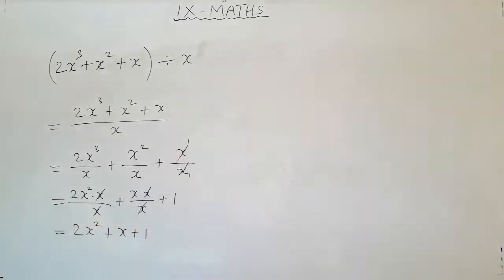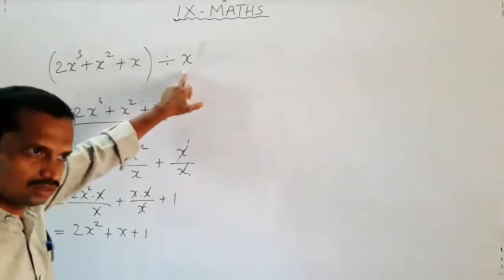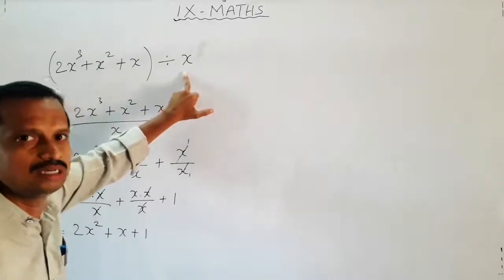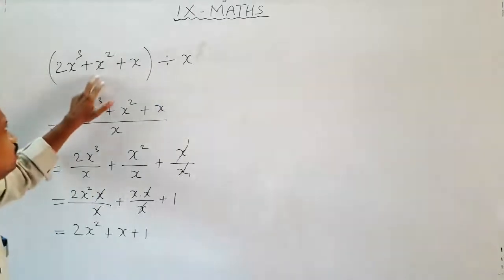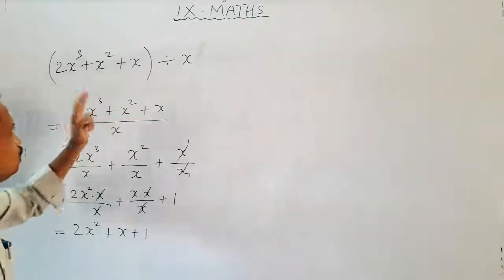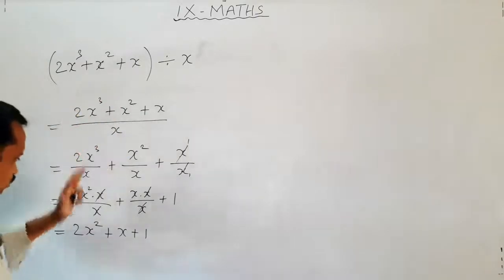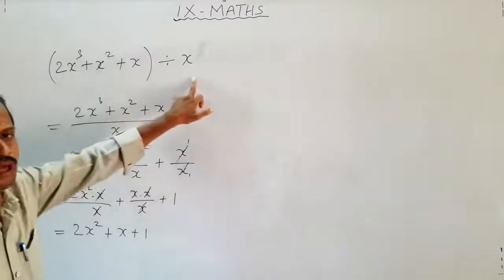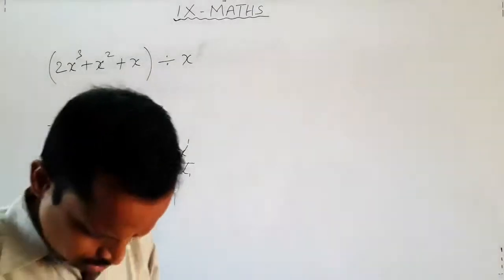When we divide a polynomial by another polynomial, even if there is only one term x, this is also a polynomial, which is called specifically a monomial. So when dividing by a polynomial, this is the way you get the final answer after dividing this by x. Like that, you can move to the next one.